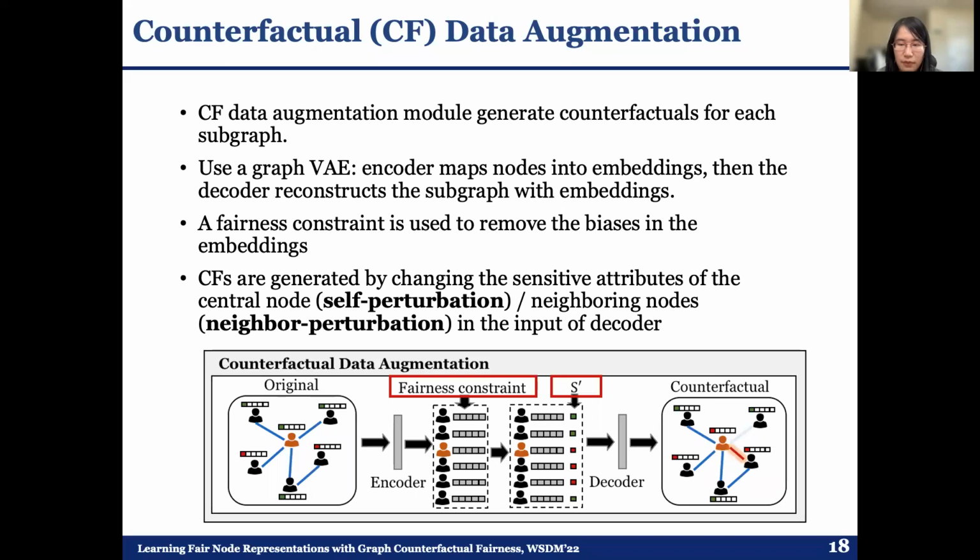So if we actually have some prior knowledge about the causal model, then we can replace the counterfactuals for later steps and do not need to change other components in the framework. This is the reason why we split the whole process into two parts, counterfactual augmentation and fair node representation. We just try to make this whole pipeline more disentangled.